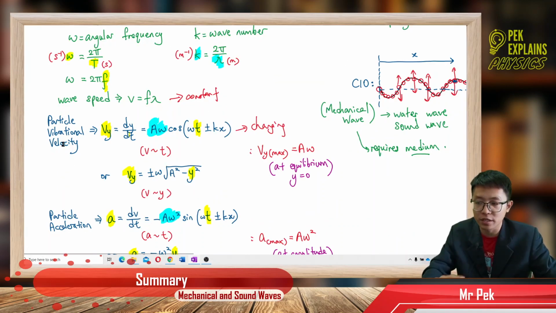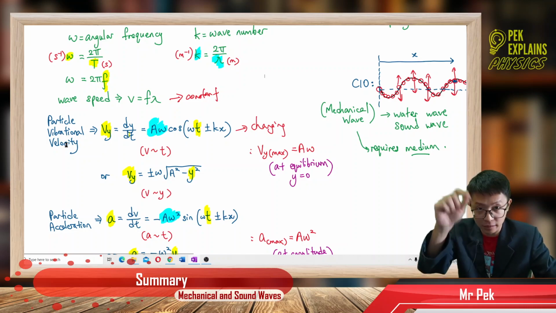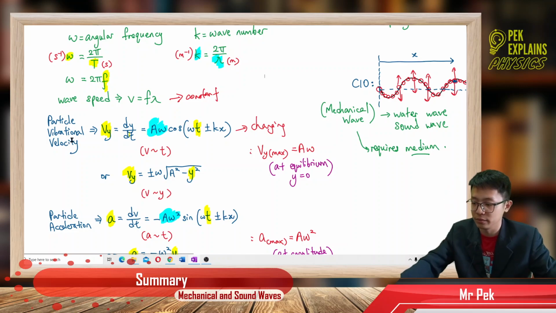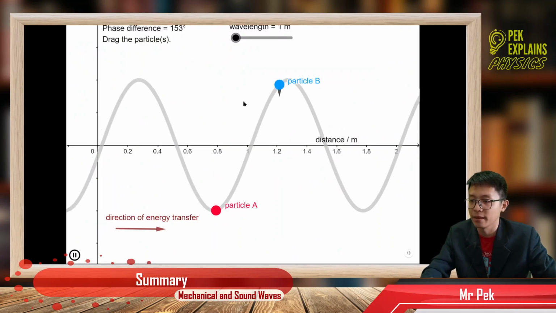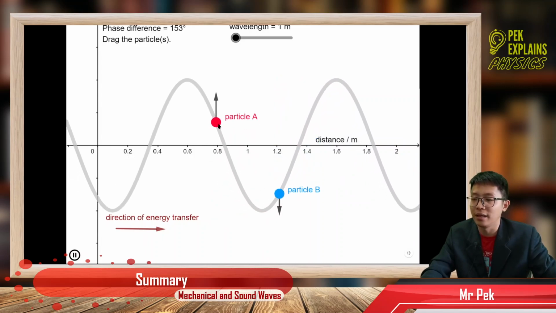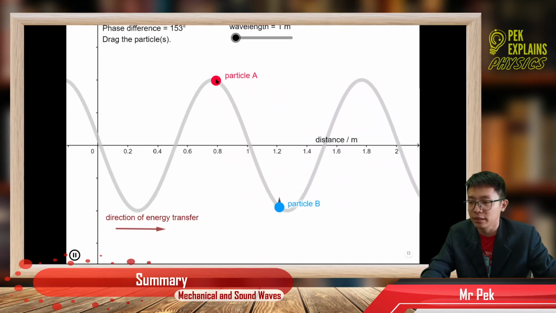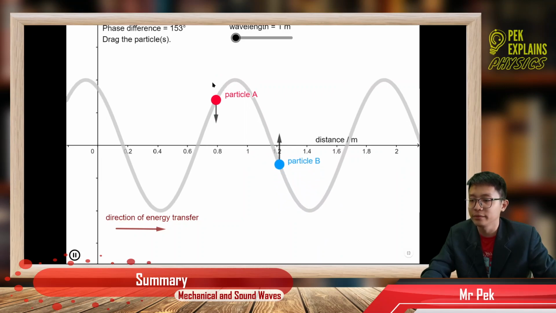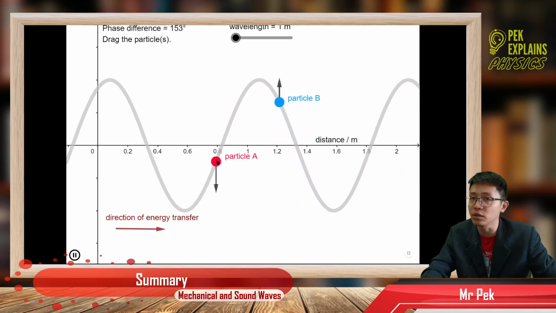But particle vibrational velocity is the velocity of the particle oscillating up and down, which is this one. You see here, there are two particles. So this particle oscillates up and down. And the speed is not constant.